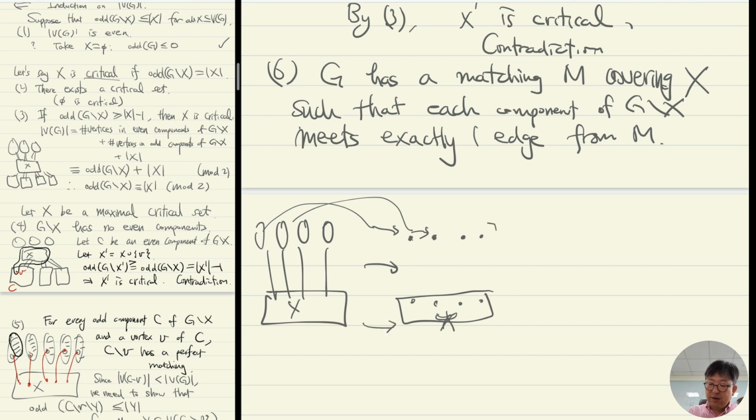Then you have an auxiliary bipartite graph, and this is the perfect setting for us to use Hall's theorem, because now it's about matchings in a bipartite graph. So do we have a matching covering X?